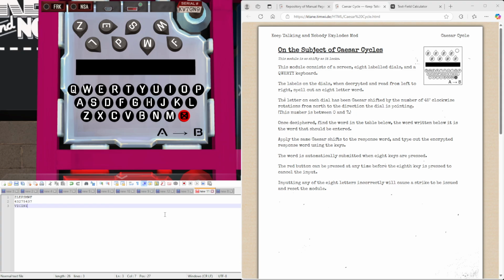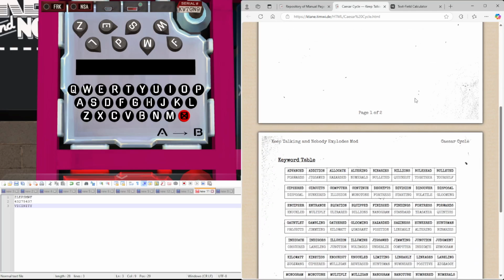So is it vicinity? 6 minus 7 plus 26. Yeah, vicinity. I did the whole word there just to make sure I definitely had the right numbers.